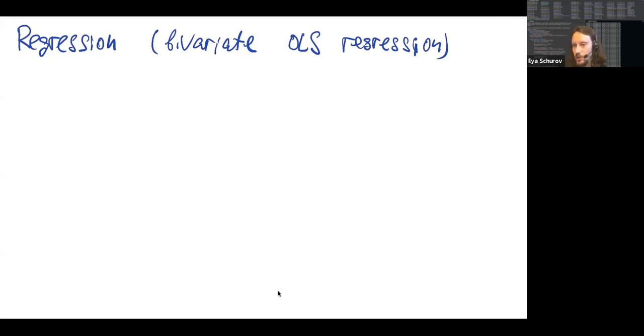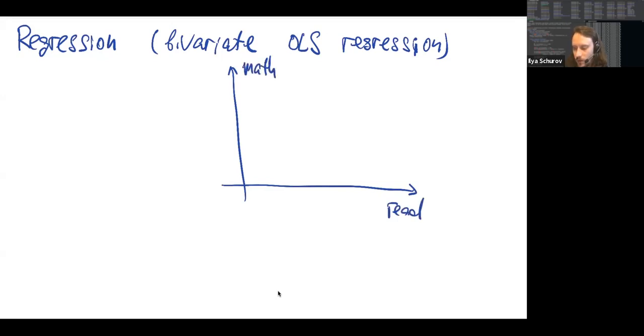For example, we have two variables, read and math. These variables denote reading and mathematical score of some students. So every point on this graph corresponds to, for example, one student.